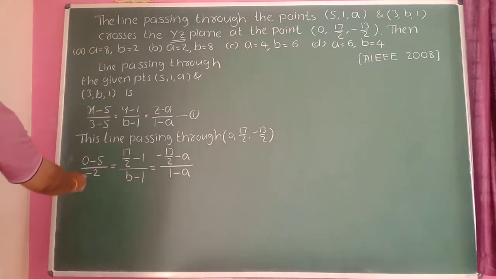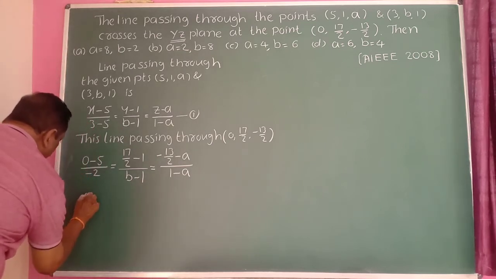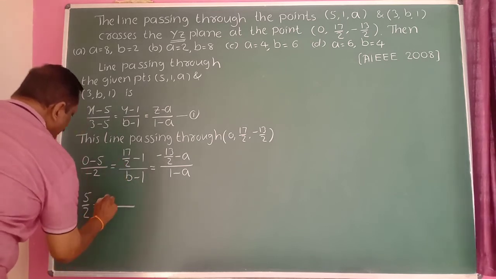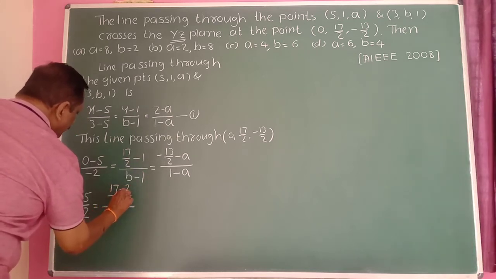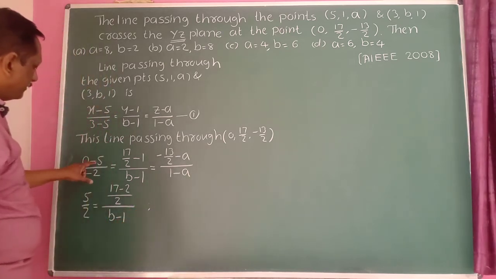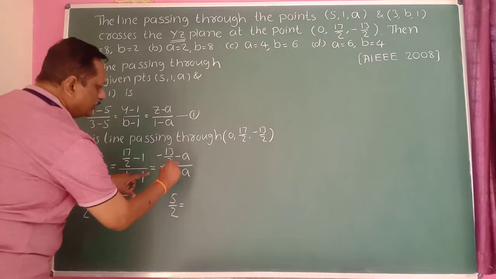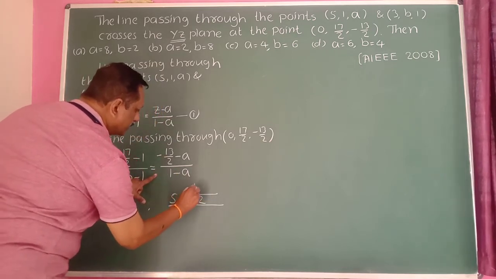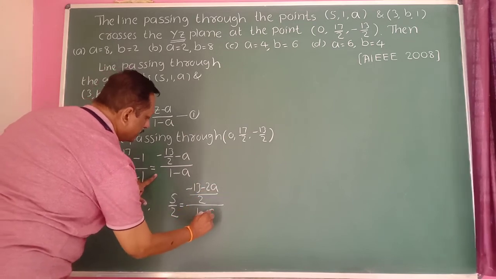Minus upon minus is plus, so 5 divided by 2. Taking 2 as the LCM, 17 upon 2 minus 1 is 17 minus 2 divided by 2, and minus 13 upon 2 minus a becomes minus 13 minus 2a divided by 2.